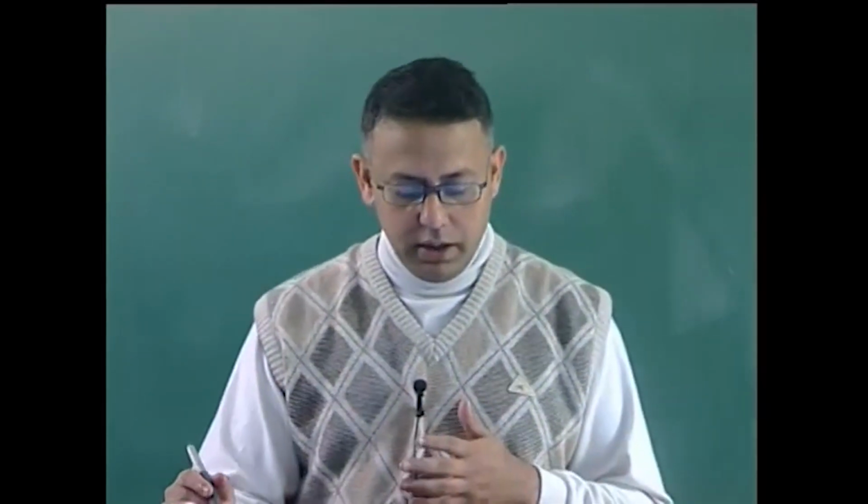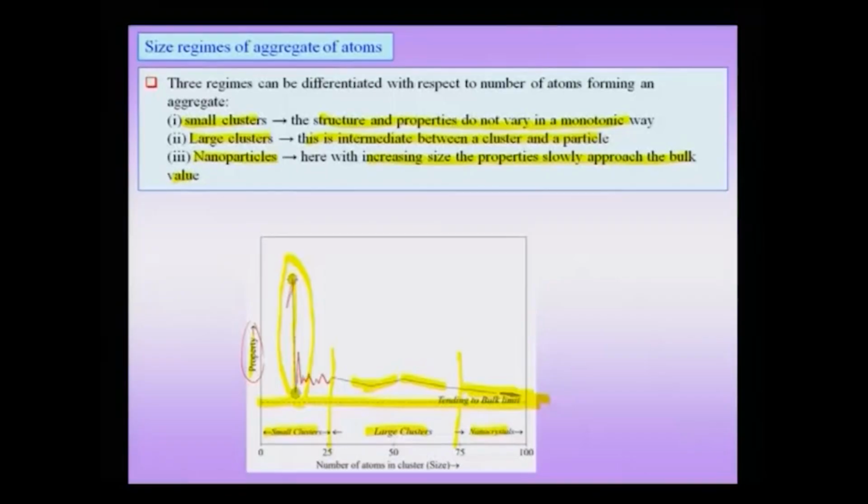In the case of nanoparticles, we can consider the example of the crystalline state; there it is clear that I have enough unit cells to classify that as a nanocrystal. In the large cluster regime, this is some sort of a gray area where I perhaps do not have enough atoms or unit cells to classify that as a nanocrystal.